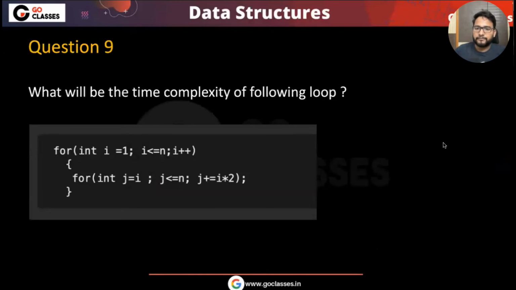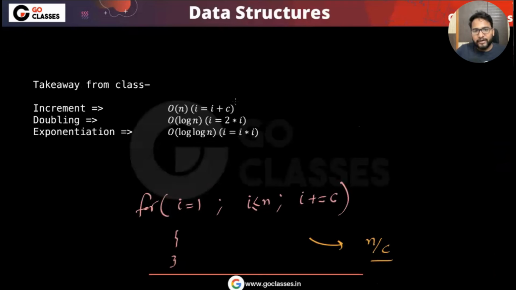Let's see this question. What will be the time complexity of the following loop? This is going to run n times. Yeah, that's interesting. See, you are basically adding 2i every time, right? If you remember from this particular slide, if you add c every time, then how many times does this loop run? n by c times, right?